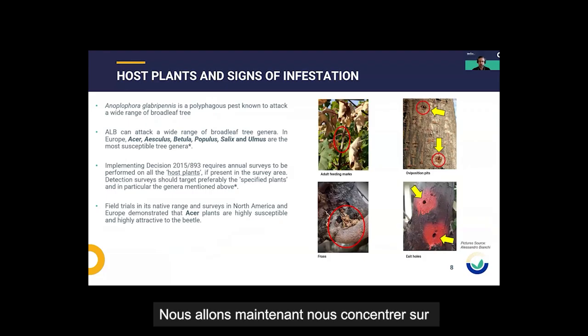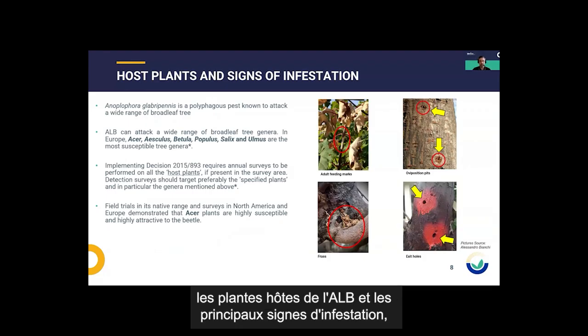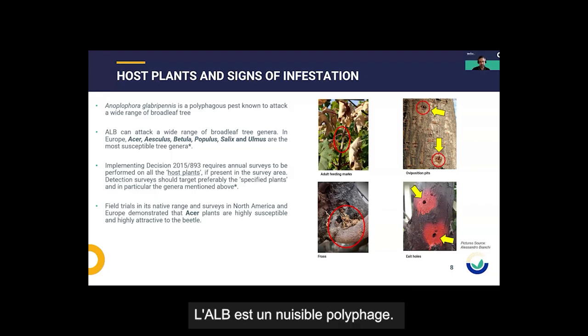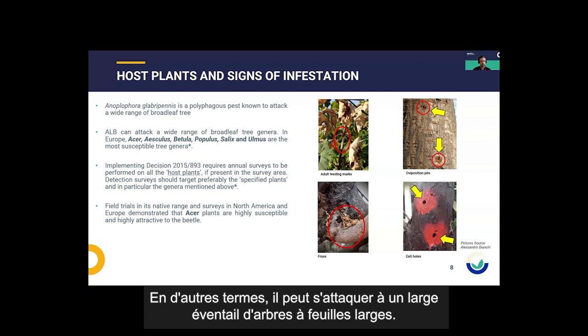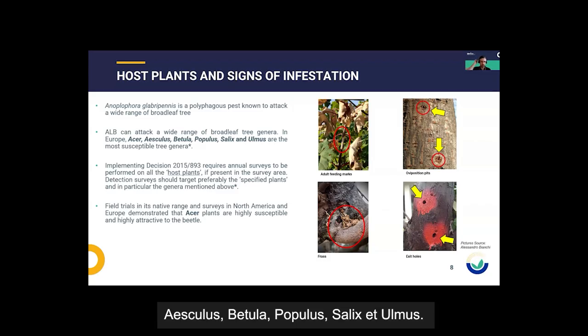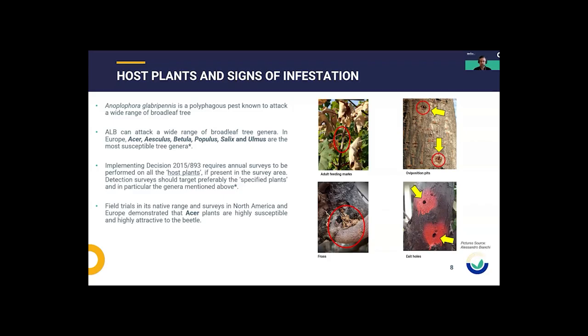Now we'll focus on ALB host plants and the main signs of infestation, which are key elements for implementing a survey. ALB is a polyphagous pest. In other words, it can attack a wide range of broadleaf trees. In Europe, the most susceptible genera include Acer, Aesculus, Betula, Populus, Salix, and Ulmus.